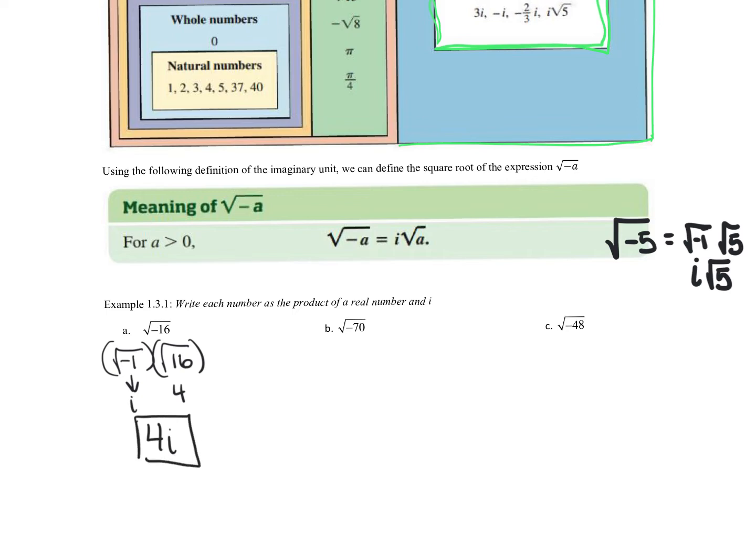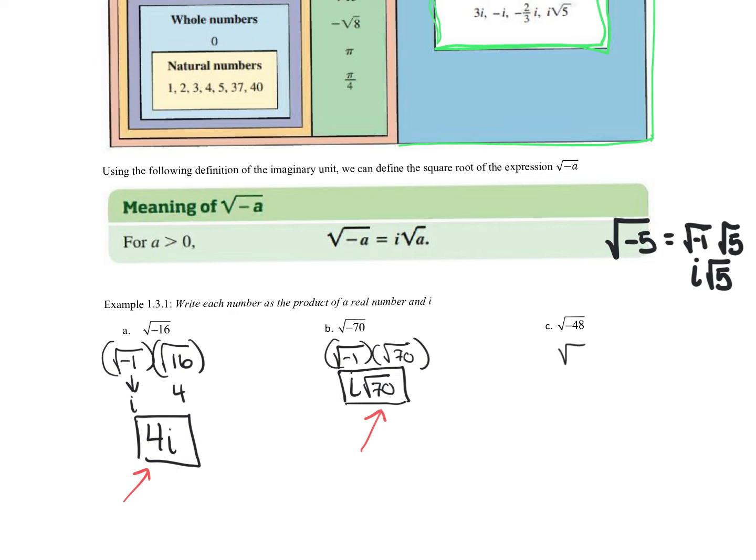Letter B, square root of -1, square root of 70. 70 doesn't simplify into anything nicer, so we just call this i root 70. When we have a whole number, not a root, we put the real number or the whole number first. But in this case, we write the square root second, so we don't think the i is under the root.